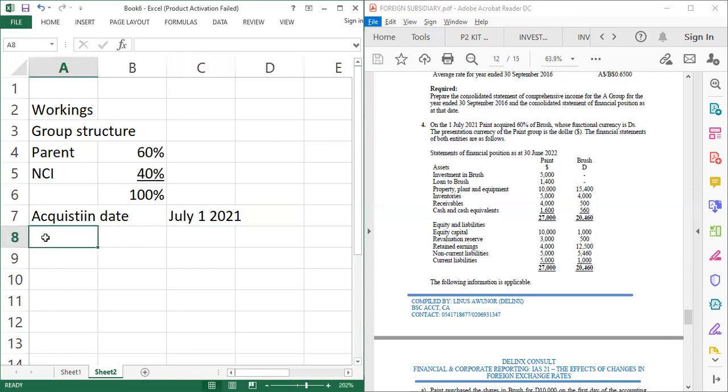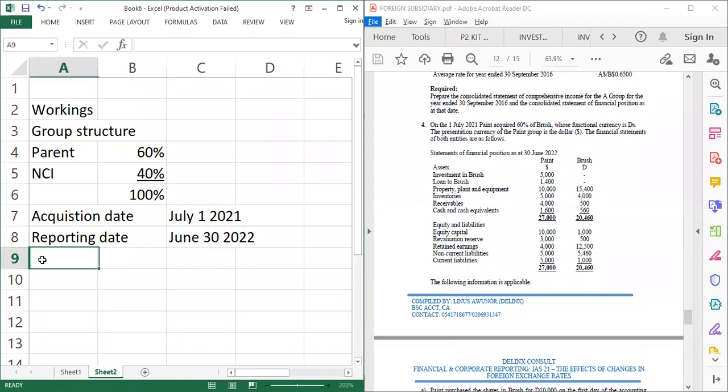Then you tell us the reporting date: 30th June 2022.